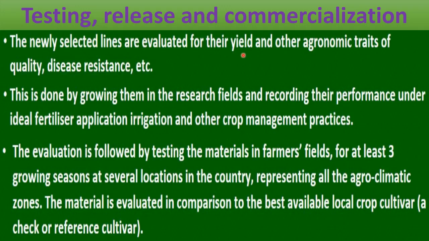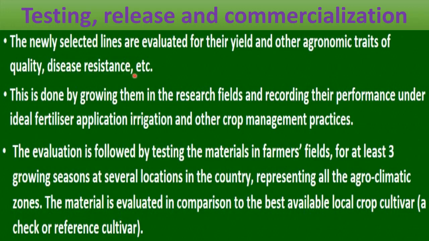What is the yield of these plants? It is evaluated here, and also other agronomic traits, like plant height, number of leaves, quantity of the food, quality of the food on that plant. All these agronomic traits are evaluated, and also the disease resistance power.